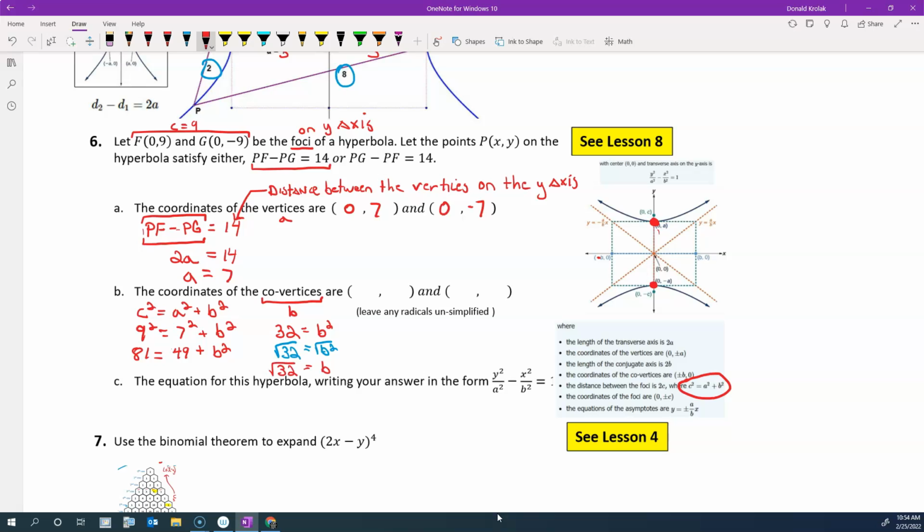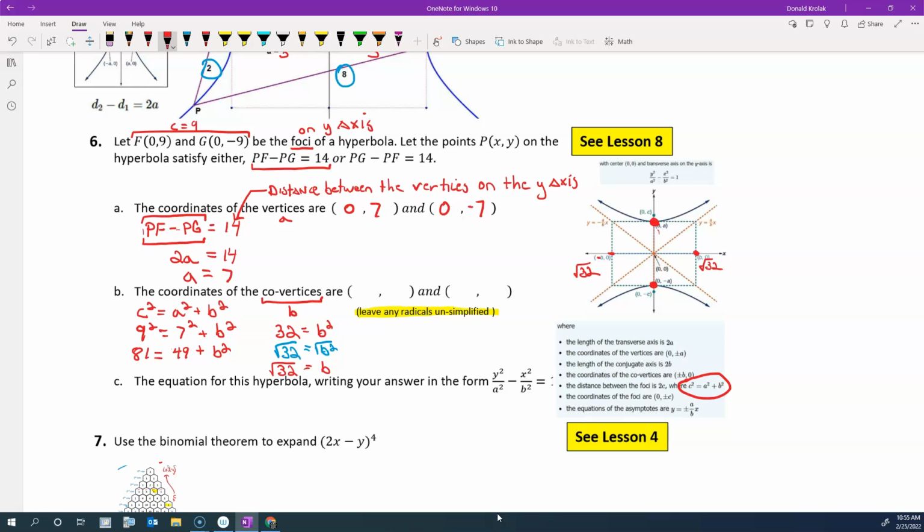What I wrote here is, for this, just leave your radical unsimplified. What we just found is that this distance right here is root 32, and that distance here is root 32.